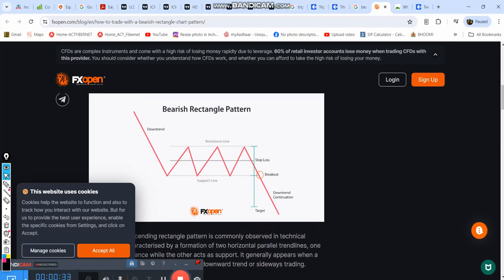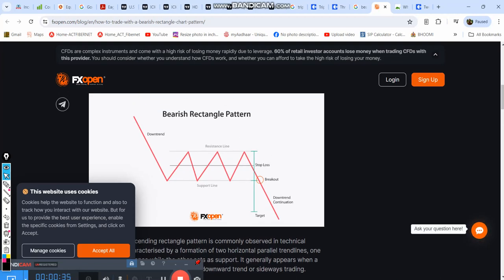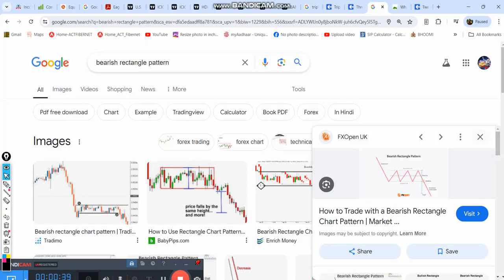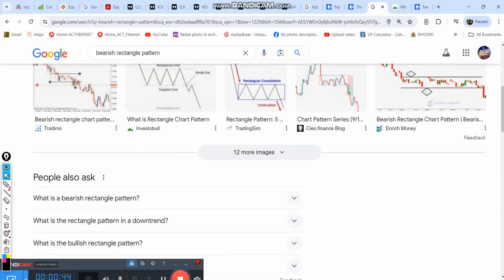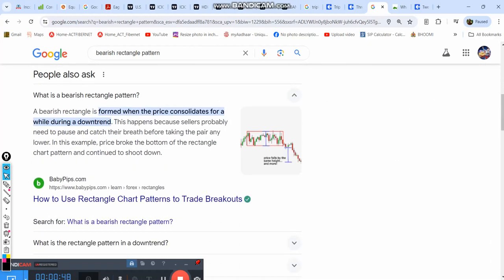So bearish rectangle appears only after a downtrend. So this is a bullish rectangle, but the result can be anything. It can either go up or go down. So bearish rectangle, what is a bullish rectangle?